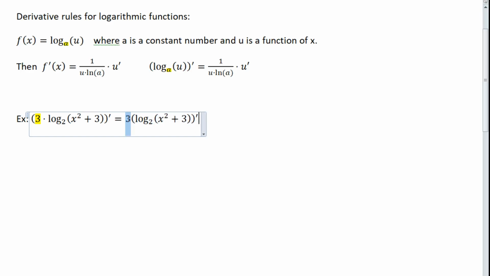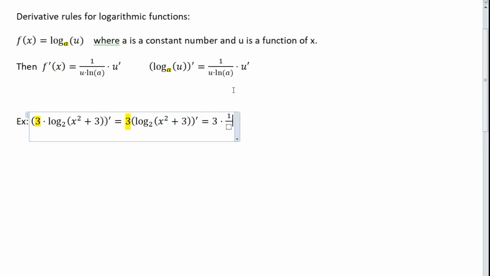So the constant number, you can just take it out of the prime, and then you can use your equation for log base a of u. Log base a of u is just equal to 3 times, because number 3 stays here, multiplied by 1 over u.